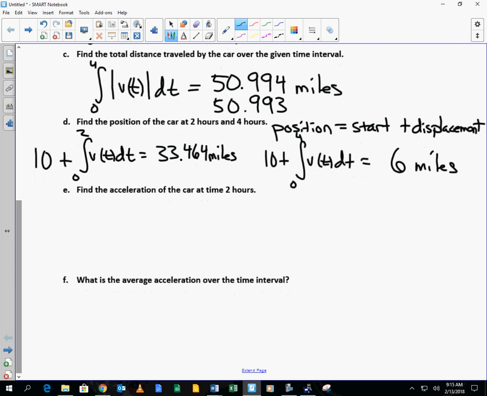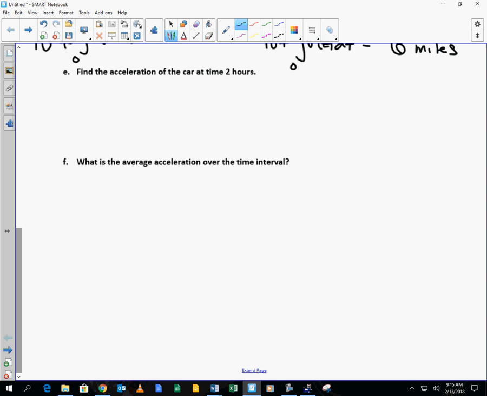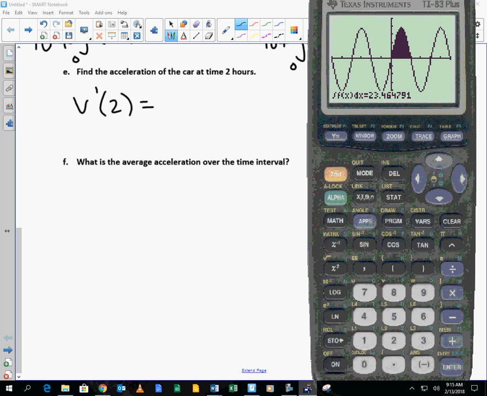Okay, then let's get slightly more challenging. Find the acceleration of the car at time 2 hours. Take the derivative. Why? Acceleration is the derivative of velocity. So what I need to do is I need to take v prime of 2. This is a problem on the AP exam and on my test where you get to use your calculator. Is there an easy way to take this derivative?